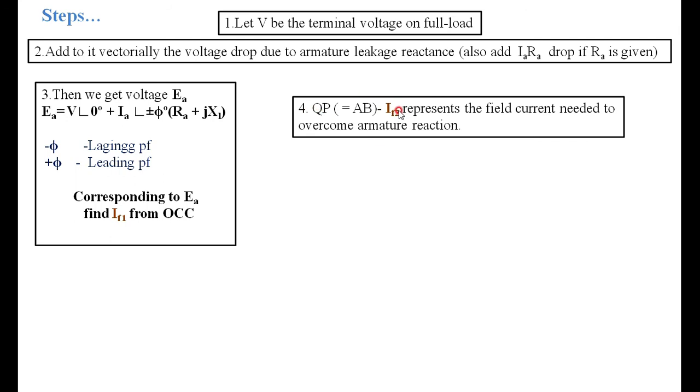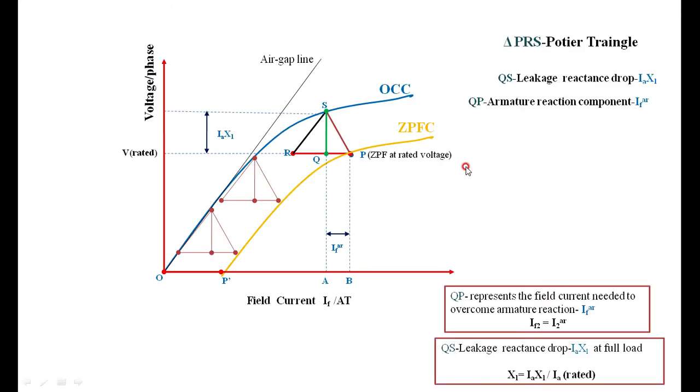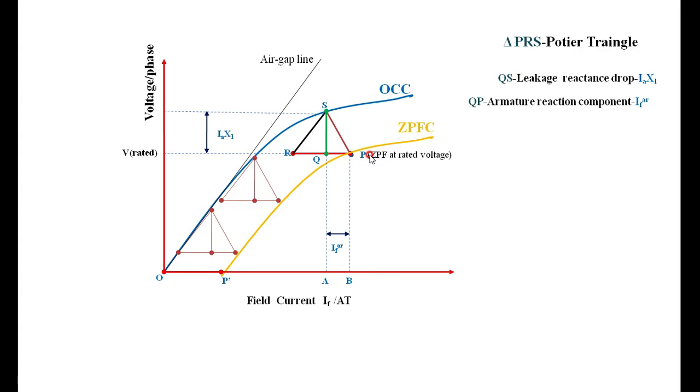Already I represented it as IAR, the armature reaction component. IF2 and IXL I know from the Potier triangle. These are the two components I need. Using this I get IF1. Directly from QP I get IF2, and from this IXL you get XL.